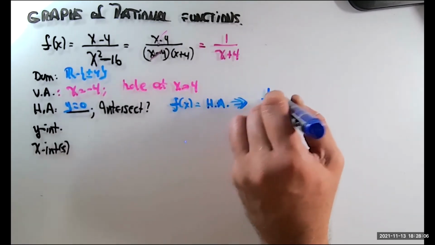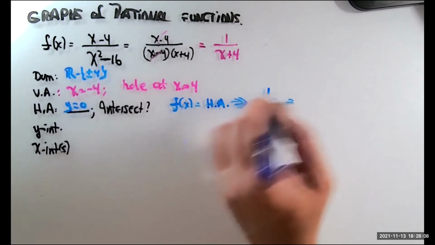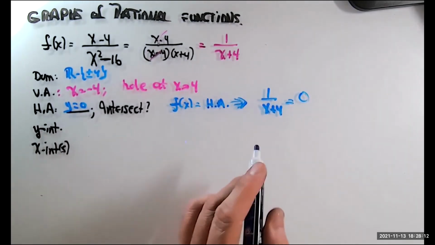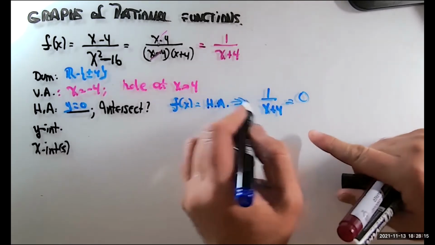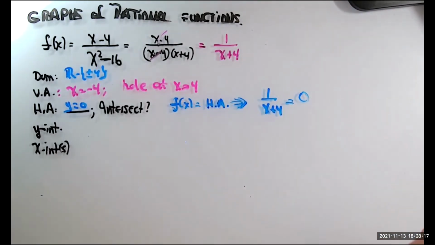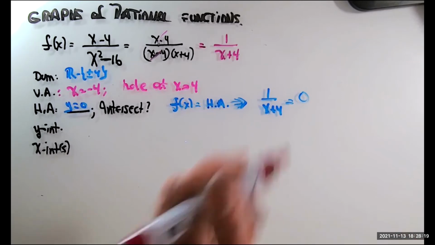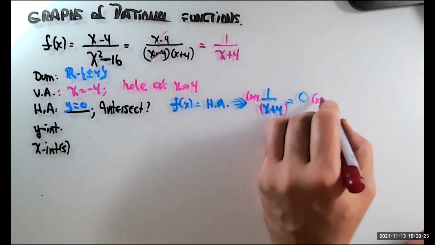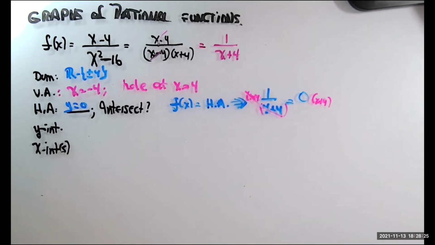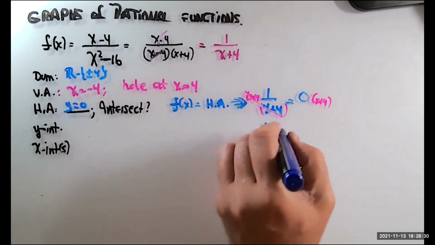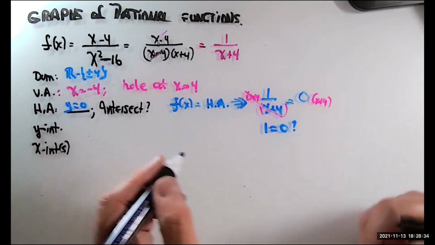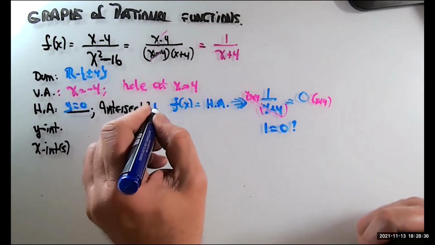So we have 1 over x plus 4 equals 0. How do I solve this? I multiply by x plus 4, my LCD. So x plus 4 eliminates, and you get 1 equals 0, which is a fallacy, so it's false. So therefore, do we intersect? No.